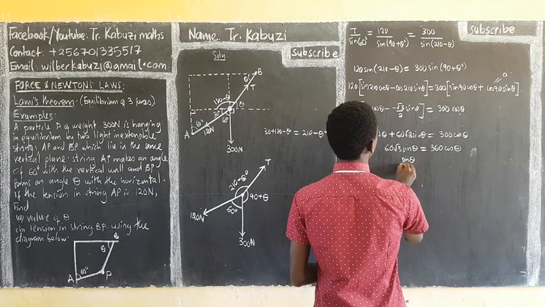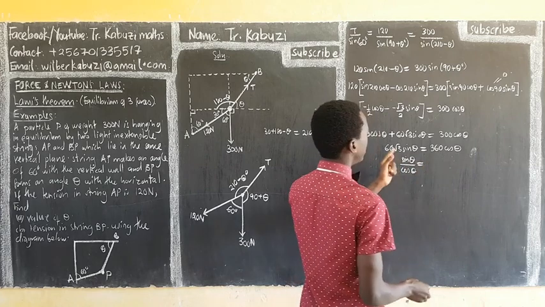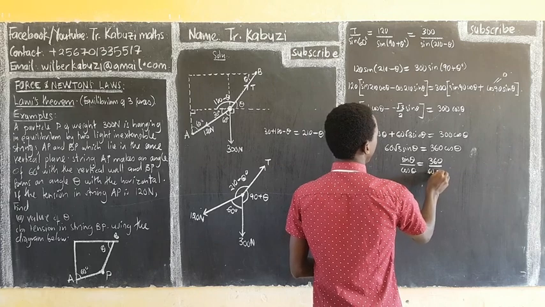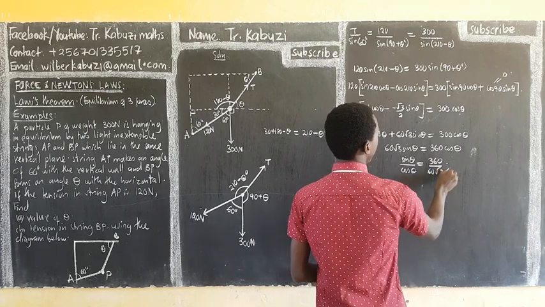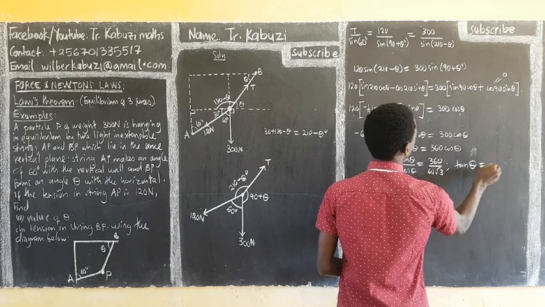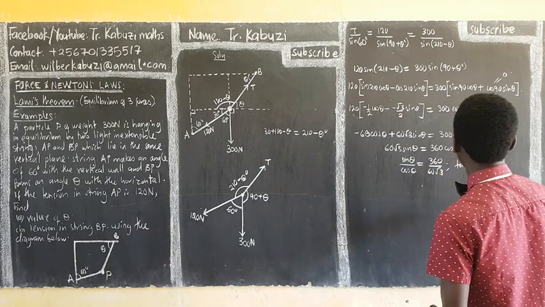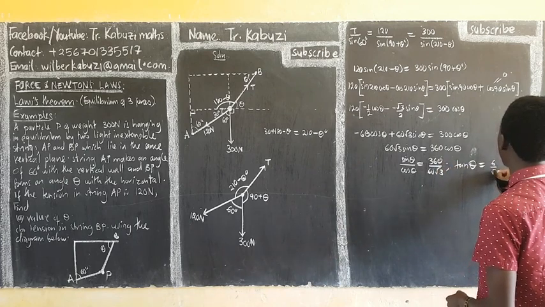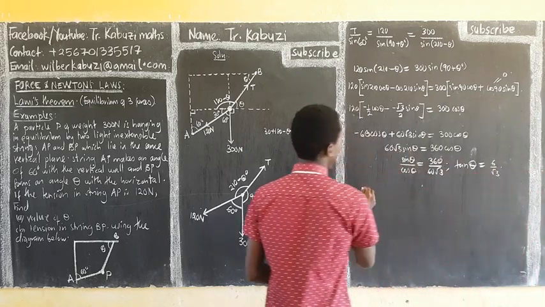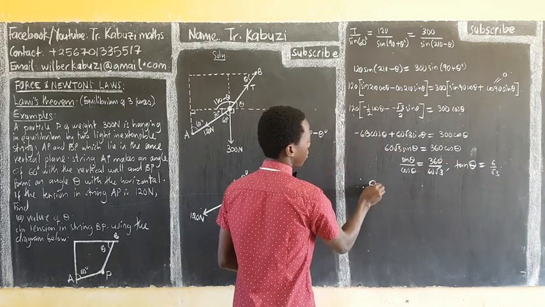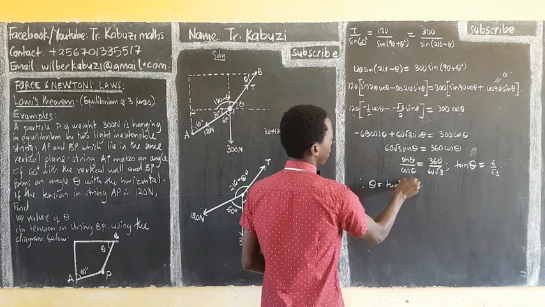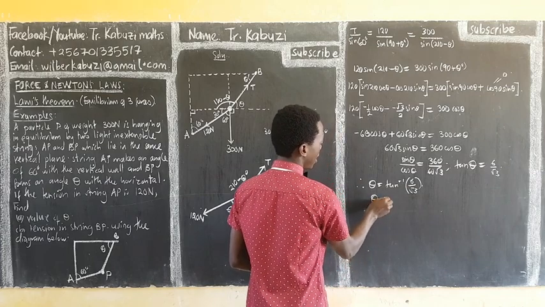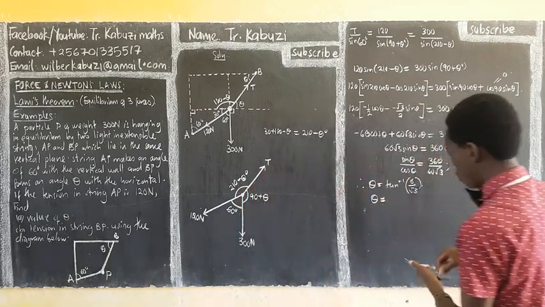You can see it directly, but I don't want people to get lost. So this gives us tan theta, which gives us 6 over root 3, and therefore theta will be tan inverse of 6 over root 3, which you can simplify, but that's not the order of the day.